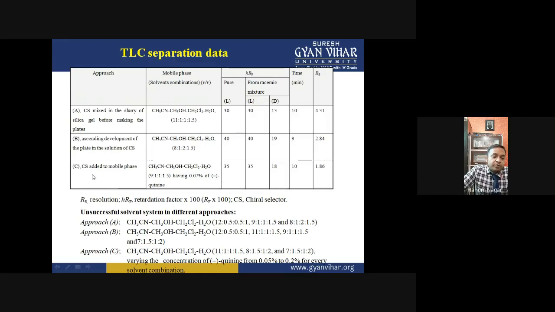But in case of approach number C, the chiral selector was added to the mobile phase directly, meaning this is the chiral mobile phase additive method. Here the resolution value was 1.86. So these are the approaches and the mobile phases used in this ratio.